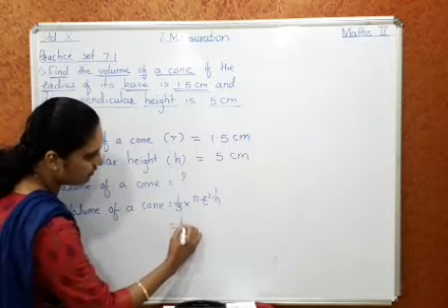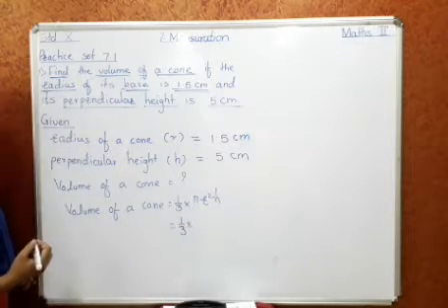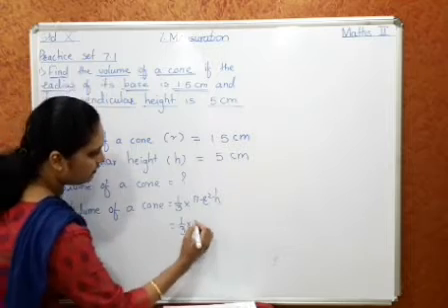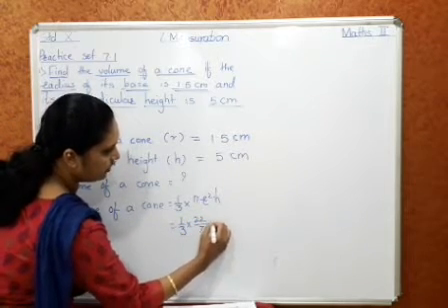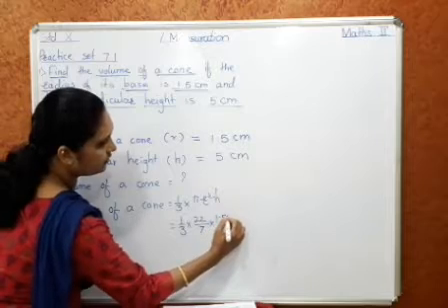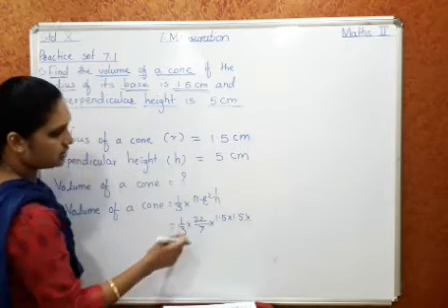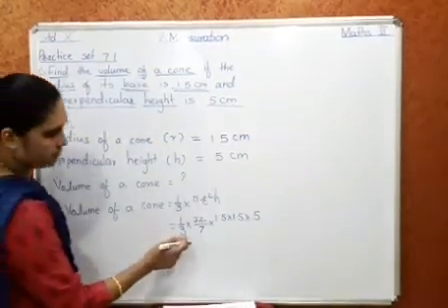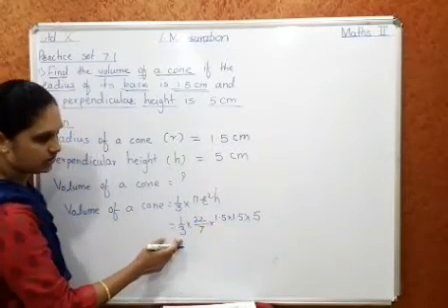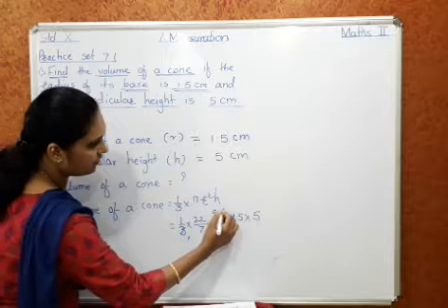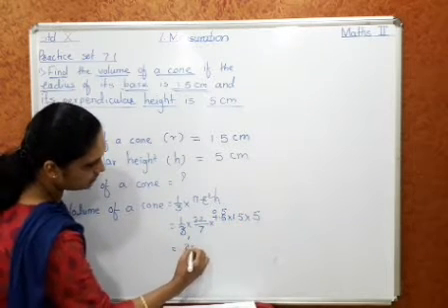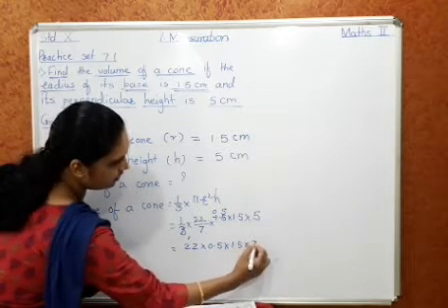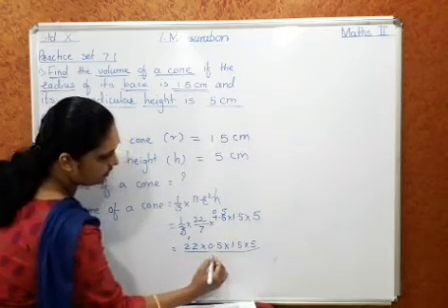Now here we'll write 1 by 3 into the value of pi, we know it is 22 upon 7, into r, which is given 1.5, into 1.5, into h, which is 5. Here we can cancel this 1.5 with the 3. 3 ones are 3, 3 fives are 0.5. Now the remaining numbers are 22 into 0.5 into 1.5 into 5, and whole divided by 7.